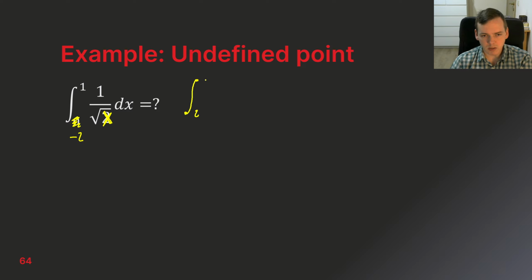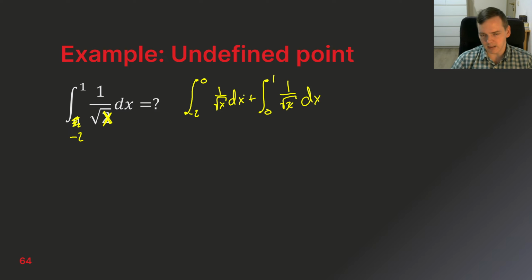First I've got to separate out my problem spot: the integral from negative 2 to 0 of 1 over square root of x dx plus the integral from 0 to 1 of 1 over square root of x dx. So we've made it so our problem spot is separated. If you had just 0 to 1, it'd look exactly like the previous problem that we did, but I'm doing this so we see a little more interesting behavior.